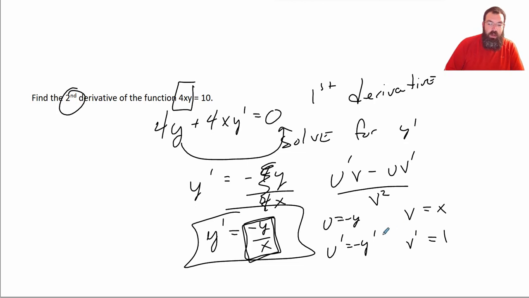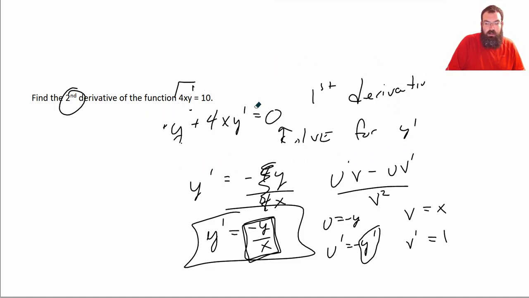Now, technically where y prime is, I know what y prime is, so I have to plug that in. I'm going to wait till the end to do that, but that's what I'm ultimately doing. Let me erase some of this stuff up here.